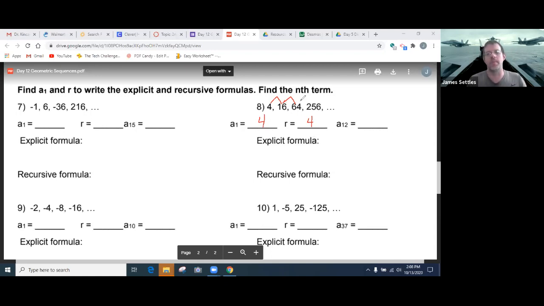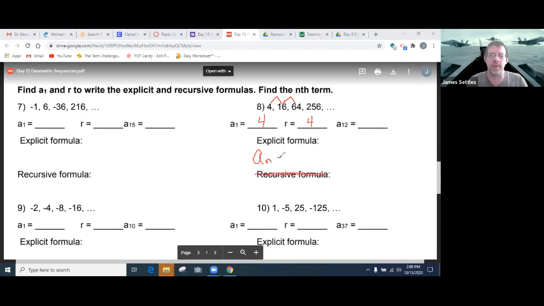Because we're going backwards, we would divide, but when we get that answer, that's the number that we're multiplying by. They're not going to have us come up with the table, so all we're going to do is come up with our formula and then go to table on Desmos and find 12. And we're not going to do recursive on this either.